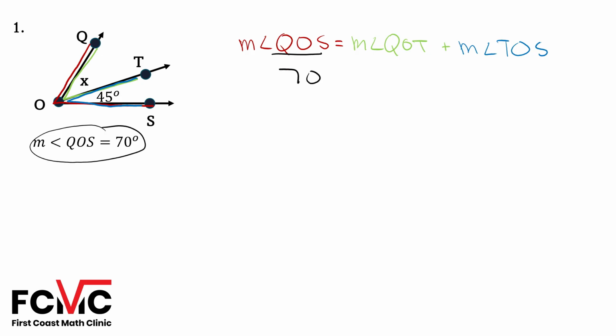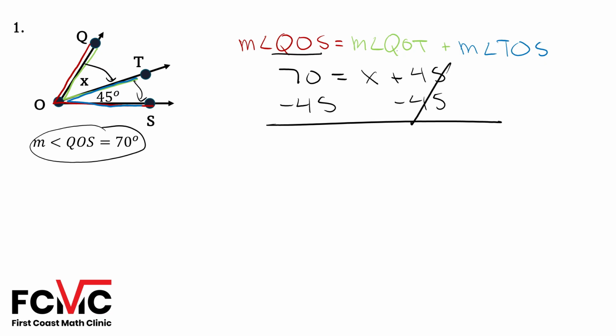So we can set up 70 degrees equals QOT right here, which is x, plus TOS right here, which is 45. So we'll get 70 equals x plus 45. We'll subtract 45 and subtract 45. And we'll get x equals 25 degrees. So our measure for QOT is going to be 25 degrees.